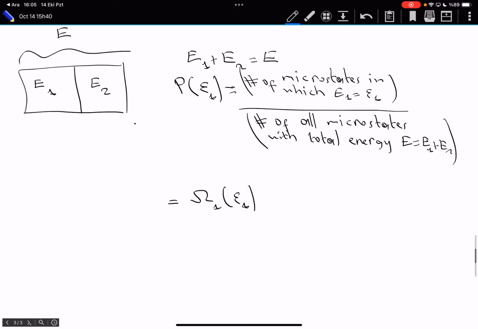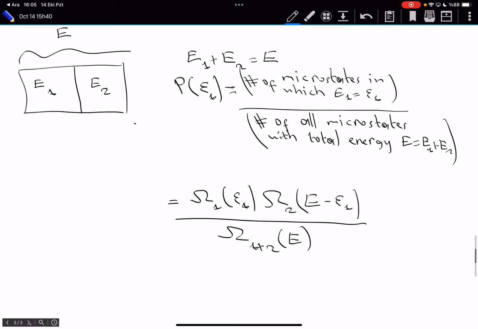Well, I have to multiply this with all the number of microstates in which the right-hand side has the remaining energy. Even if the left-hand side doesn't change, if you change the right-hand side, you are getting a new microstate of the whole system, and that is one of your possible outcomes. So that's why we have this product. And the total number of possible outcomes will be this.